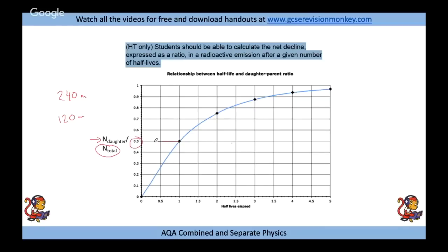So after one half-life, we're down to 0.5. After another half-life, well, we've lost half of the half. So now we're up to 0.75. And just like the numbers were before on the last screen, we're now up to 0.875 and so on. Just expressing the ratio of how many we've lost compared to what we started with.